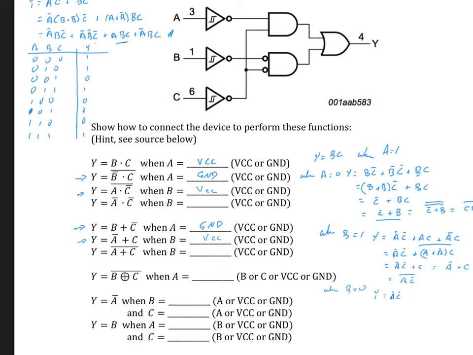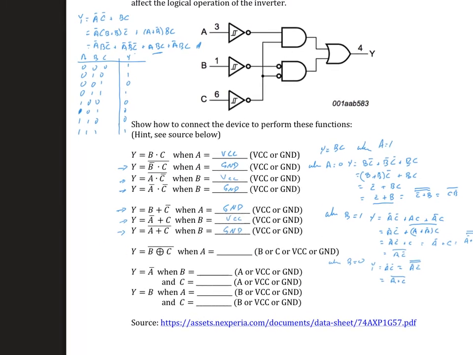So luckily that's one of our expressions. So this is when B is tied down to ground. And then barring it twice, and De Morgan's law says that this is going to be A or C bar, and that's this expression here. So when B is equal to ground, then Y is equal to A or C bar.